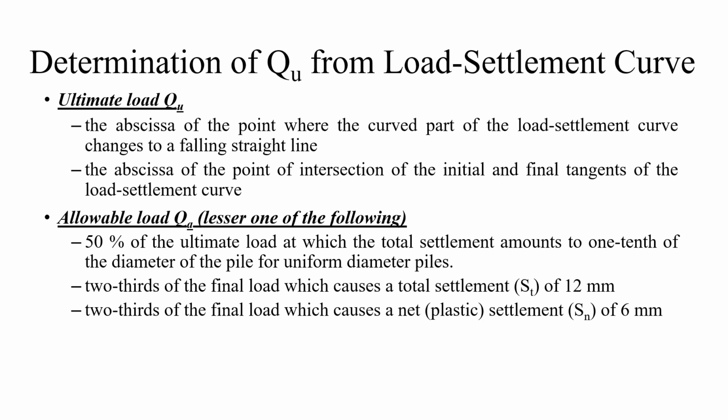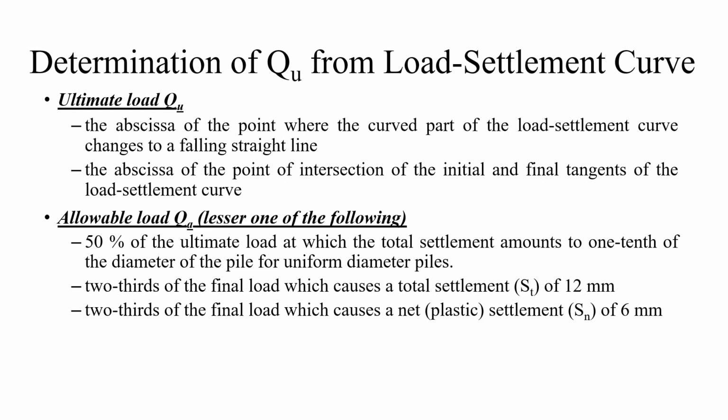Or it will be 2/3 of the final load which causes a settlement of 12 mm. That is, you have to determine the load at which settlement is 12 mm, and 2/3 of that will be the allowable load. Or if you allow a net settlement of 6 mm, you have to find that load, and it will be 2/3 of the final load. Or, as I told you, it is 50% of the ultimate load at which total settlement amounts to 1/3 of the pile diameter.